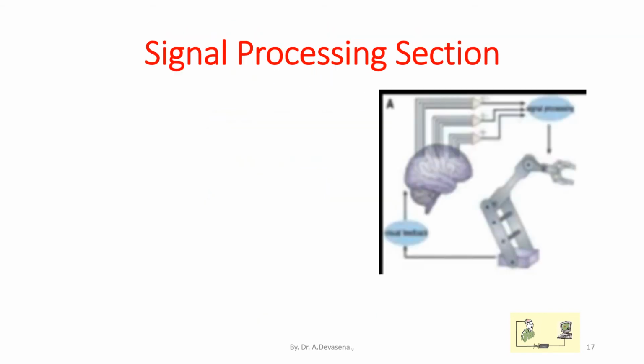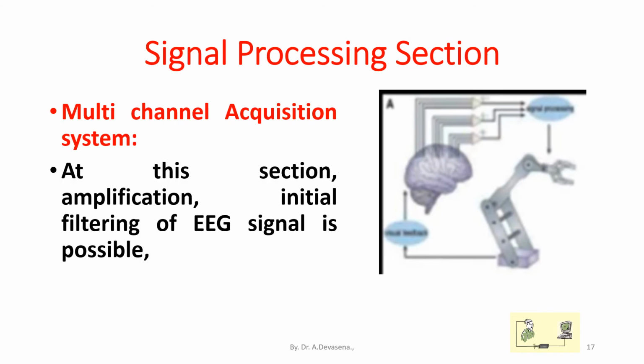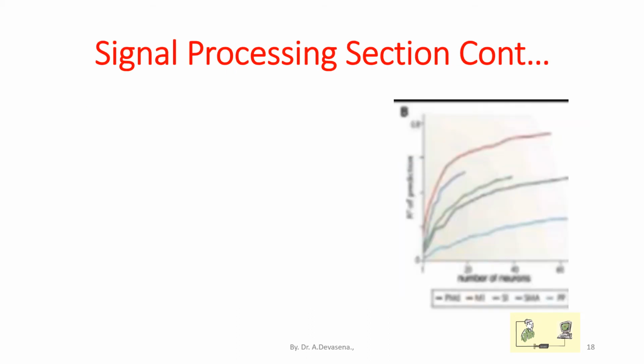Signal processing section, multi-channel acquisition system. In this section, amplification and initial filtering of the EEG signal is possible. Artifact removal takes place in this section. Spike detection.